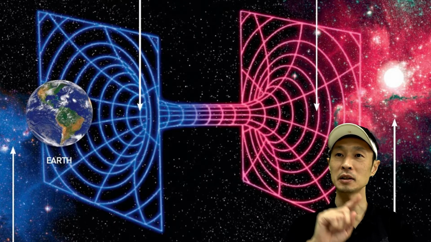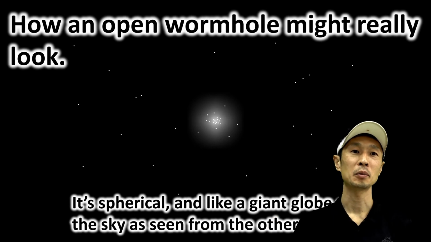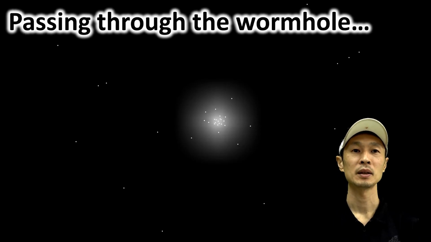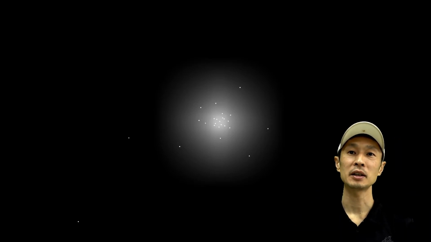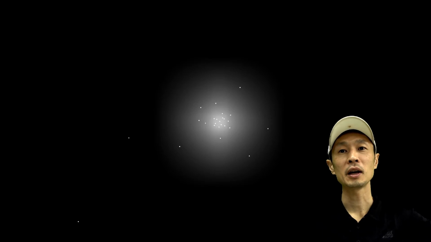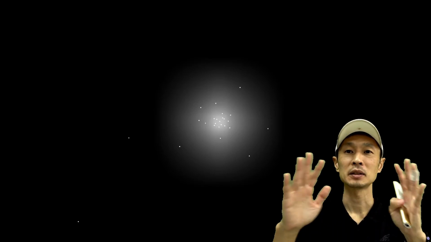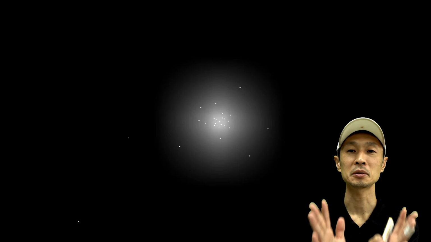Let's go further in, going into the wormhole closer and closer, and you see the central area is slightly brighter than other areas, because all the light is collected by the lens. There is more background light there, so it's a little bit brighter than the other areas.